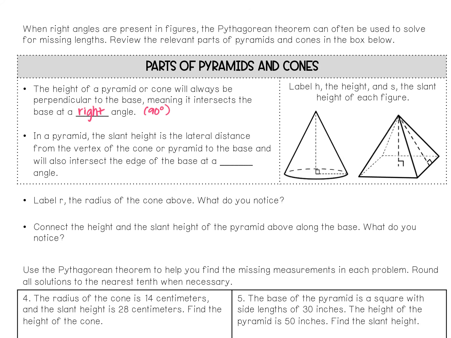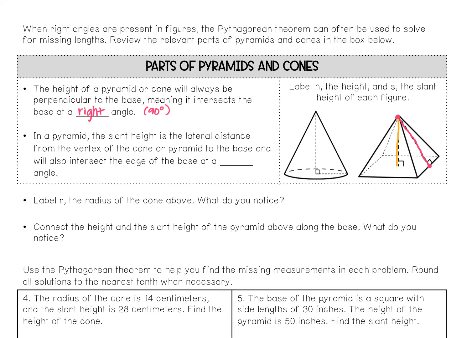In a pyramid, the slant height is the lateral distance from the vertex to the pyramid base. So this here is the slant height, while the inside is just referred to as the height.